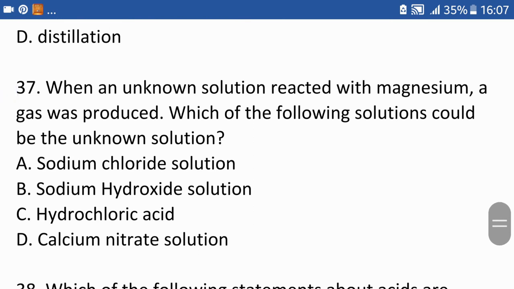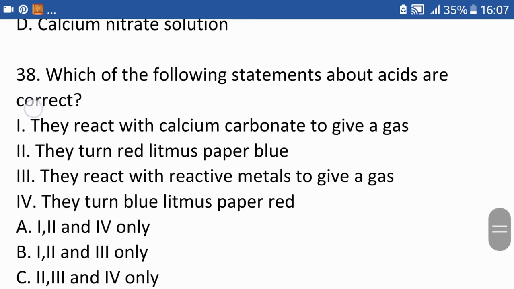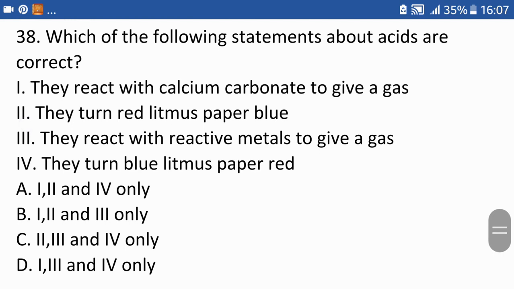37. When an unknown solution reacted with magnesium, a gas was produced. Which of the following solutions could be the unknown solution? 38.